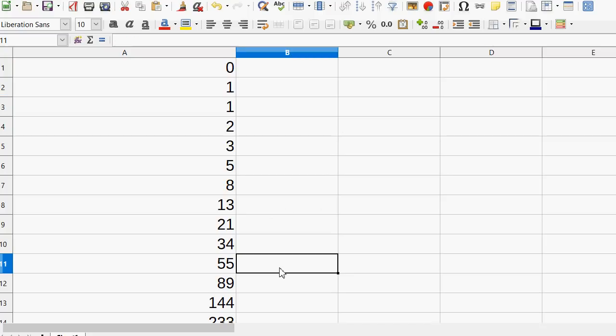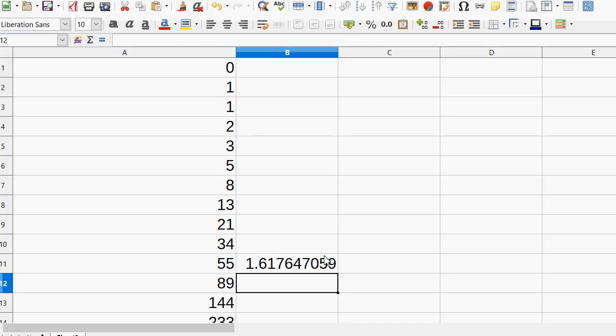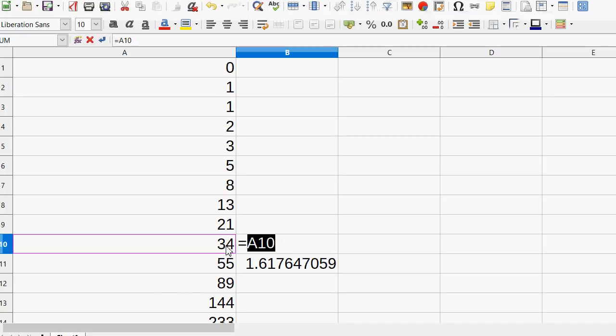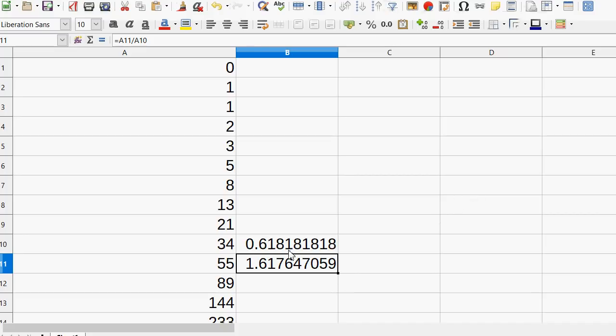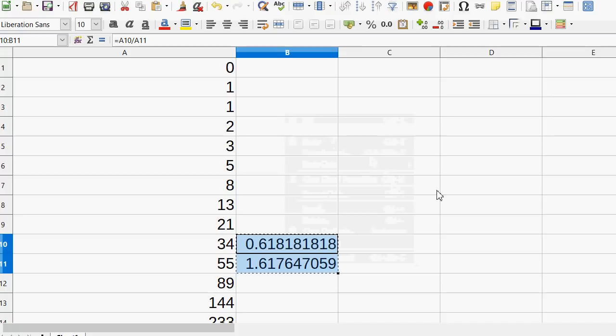Now, interestingly enough, if you divide one number by another, say 55 divided by 34, you get 1.617, which is close to the 1.618 number. And if you divide it by the other side, well, 61.8. I'm going to copy this and do this on some deeper numbers.